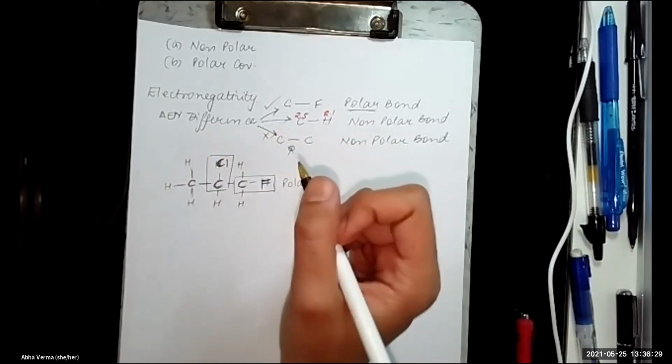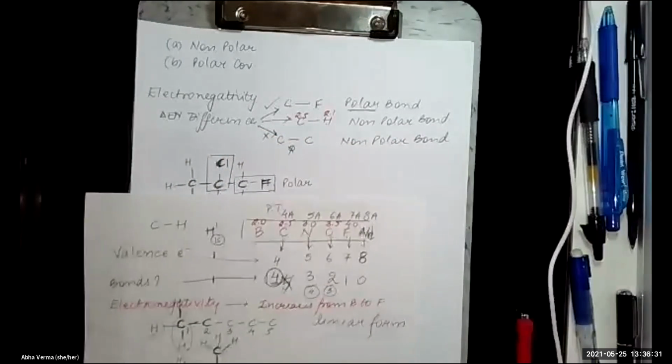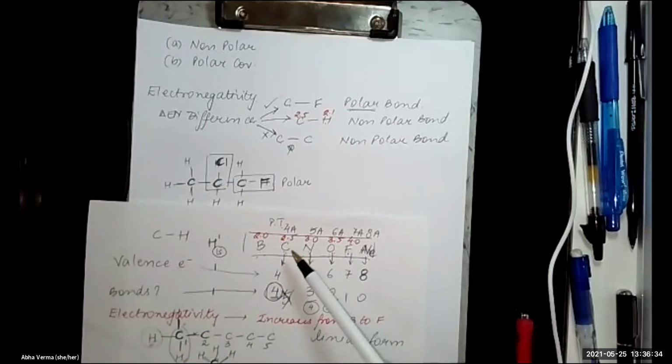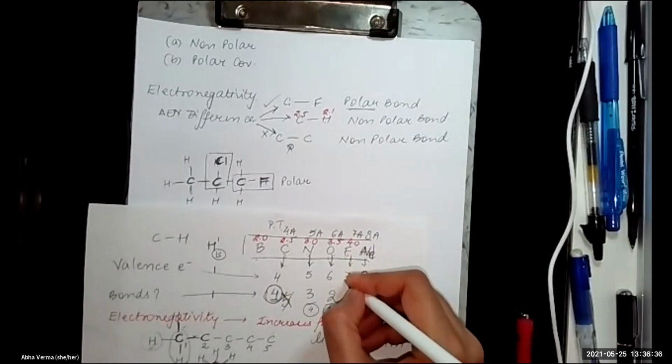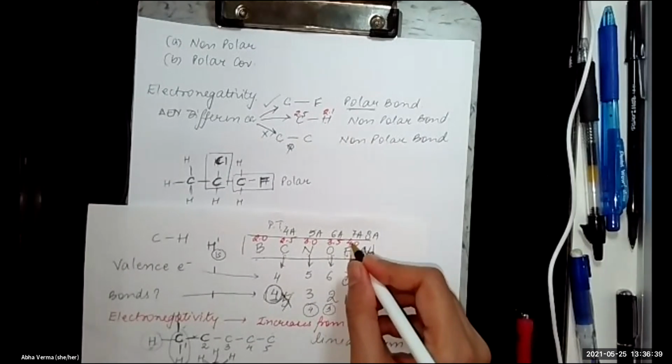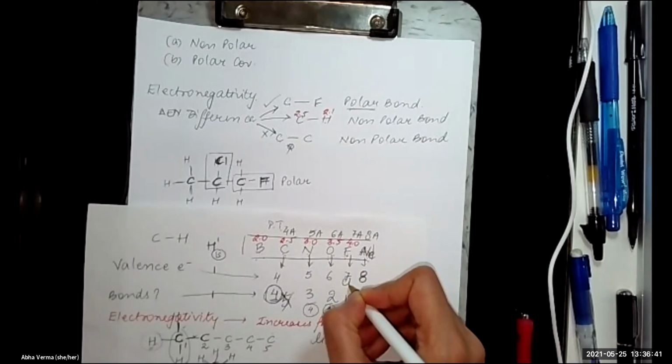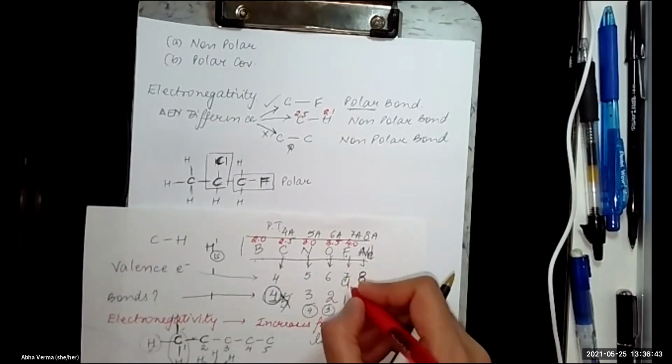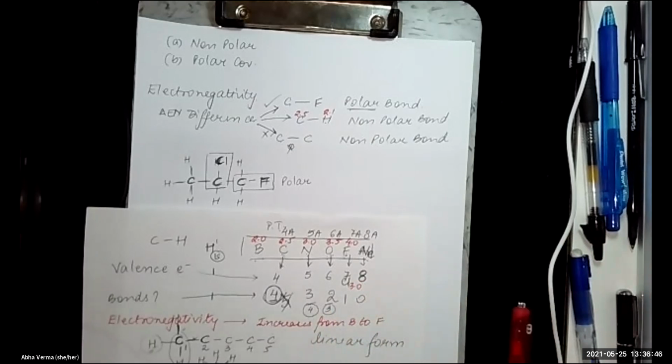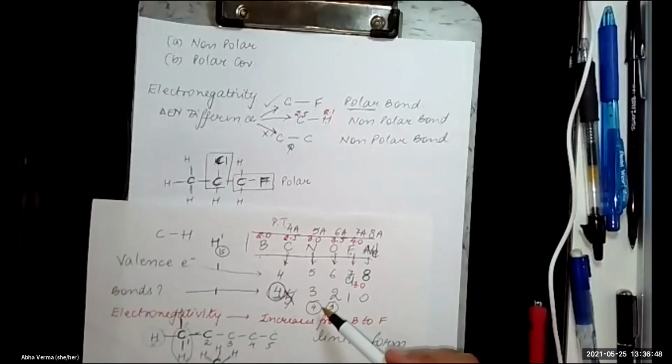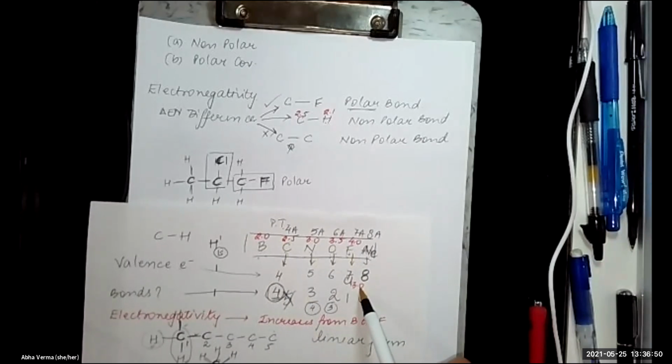Now, if you look back at our periodic table, chlorine is at the bottom of fluorine. And if I'm not wrong, chlorine is 3.0 in electronegativity. So 2.5 and 3. There's a significant difference in electronegativity between carbon and chlorine also.